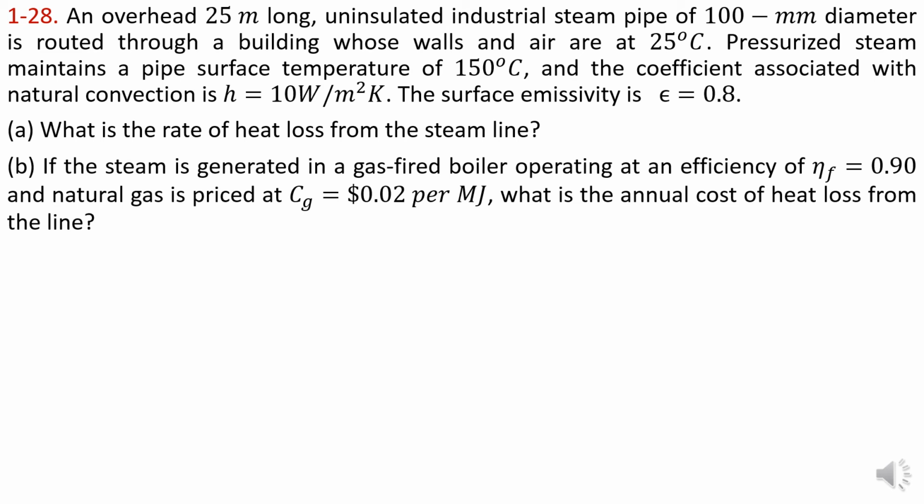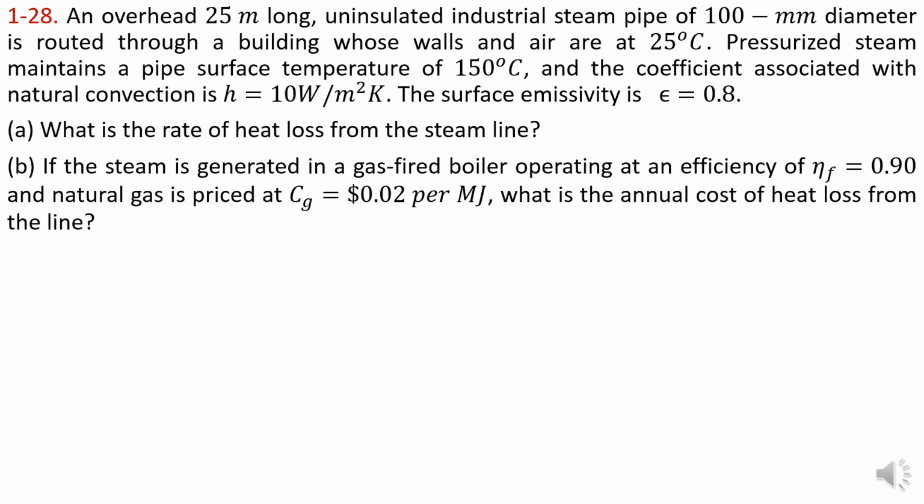We have an uninsulated industrial steam pipe having 100 millimeter diameter and 25 meter in length passing through a building whose walls and air are maintained at a temperature of 25 degrees centigrade. The pipe which carries pressurized steam is maintained at a temperature of 150 degrees centigrade. The coefficient associated with natural convection is h equals 10 watt per meter square Kelvin, and an emissivity of epsilon equals 0.8 is given.